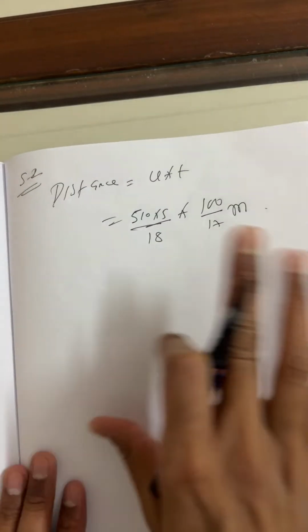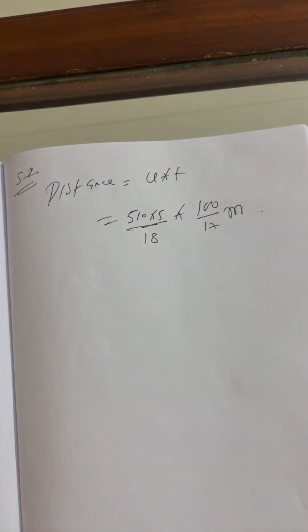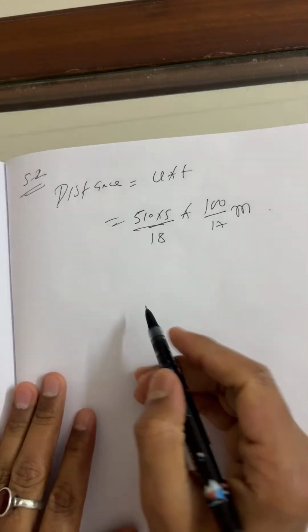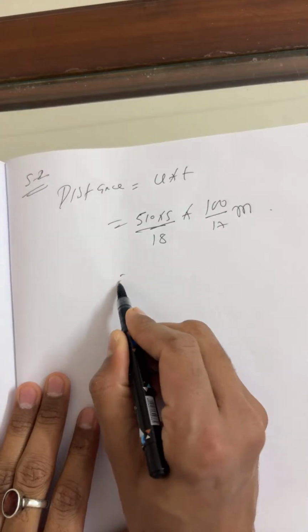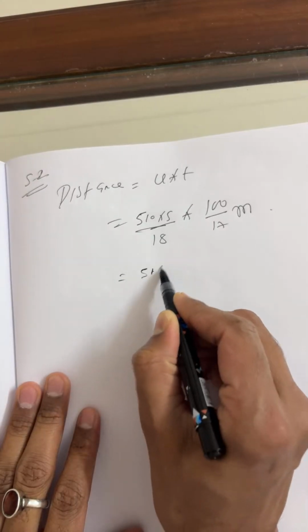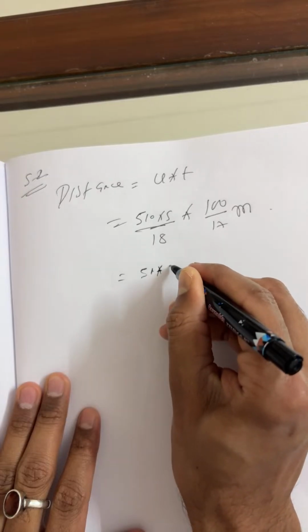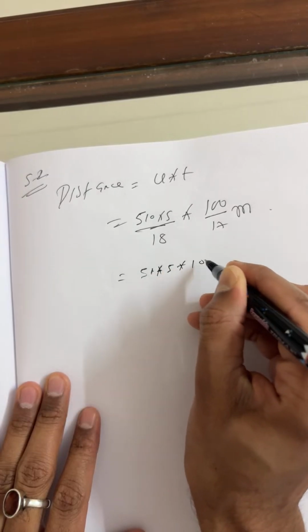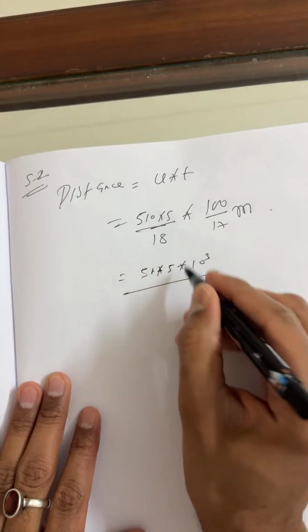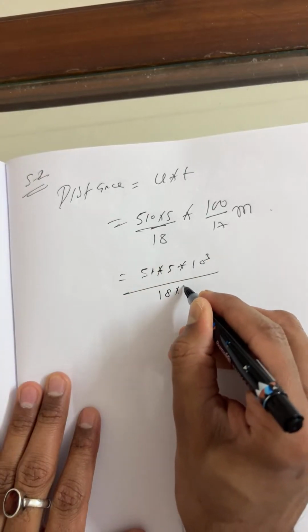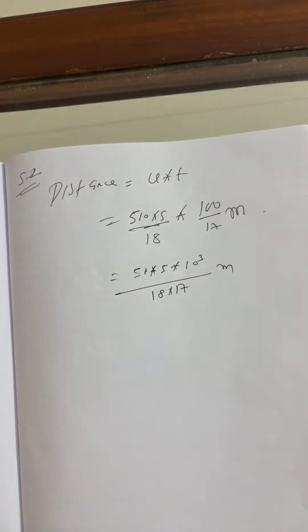Sagar, just solve it and tell me what answer is coming. What is the answer coming here for distance after solution? It is 1 into 5 into 10 to the power 3 by 18 into 17 in meter.